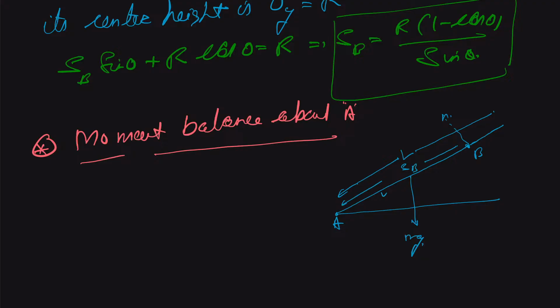So mg will be at a distance of L by 2, and this is a normal N.